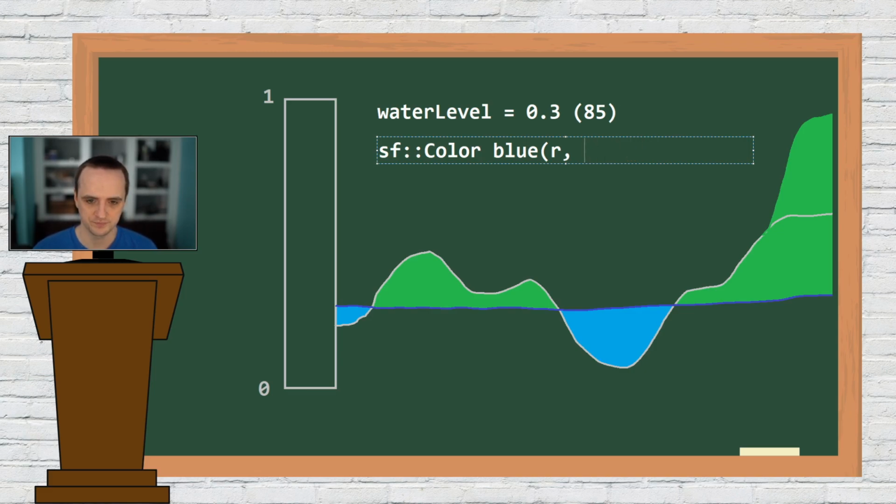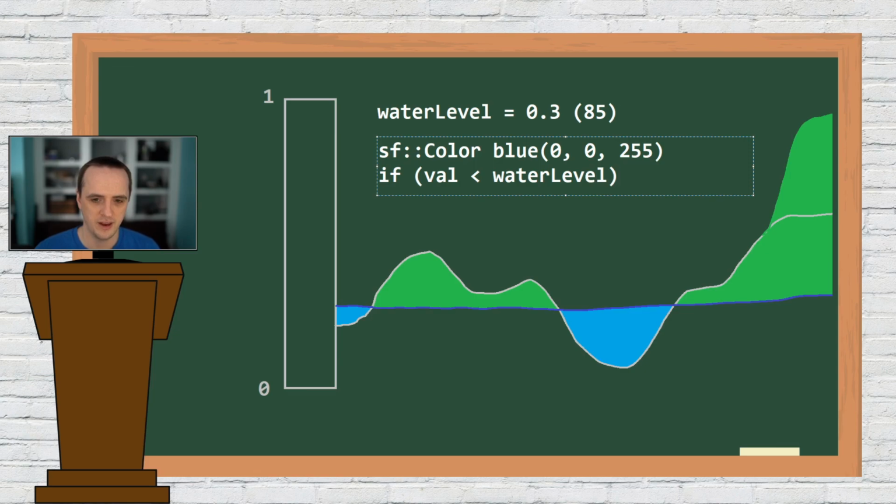So we can go 0, 0, 255, and that will make all the water look blue. So what we can say is, if the value at the current grid cell is less than water level, then color equals blue.